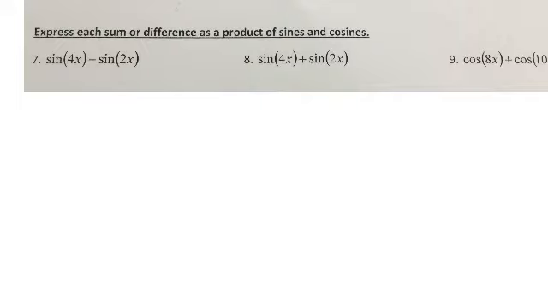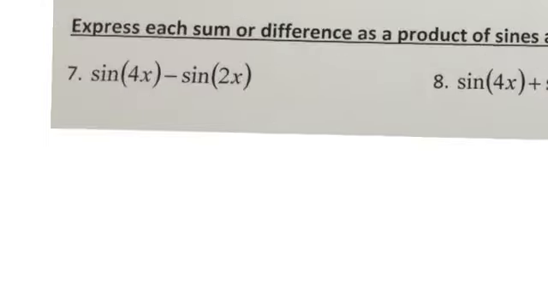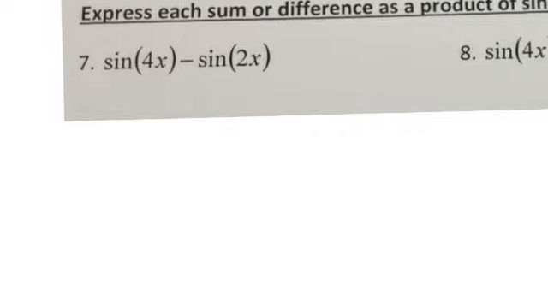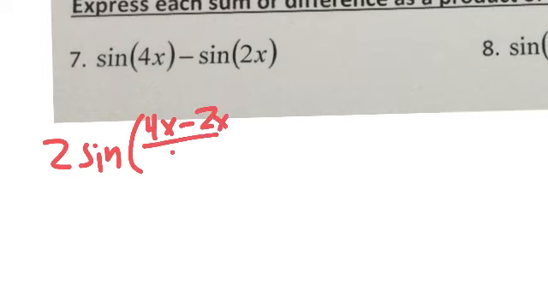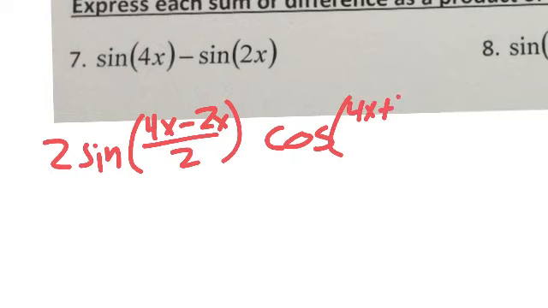Okay, so number 7, I have sine of 4x minus sine of 2x. So I have a sine minus a sine, so that would be the second sum to product identity. So this can be rewritten as 2 times sine of x minus y over 2 times cosine of x plus y over 2.